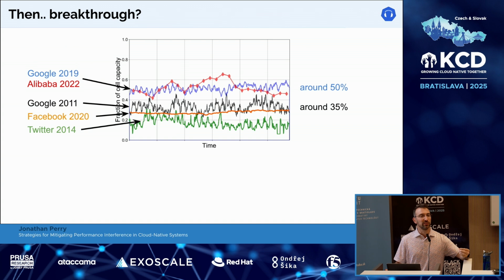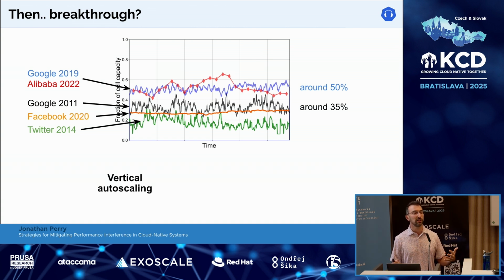So what happened during the last few years to allow these organizations to be so much more efficient? If you look at published data from these companies, I was able to find two major contributors. One is advancement in vertical autoscaling, which is, you have your CPU requests and memory requests, and adjusting them to be just right for your system enables you to reduce waste and pack containers better onto nodes.